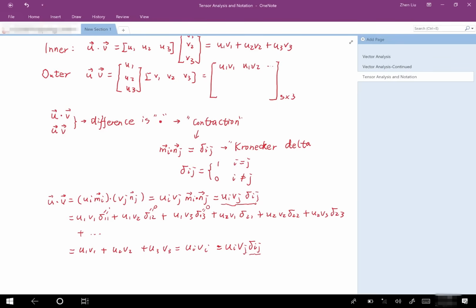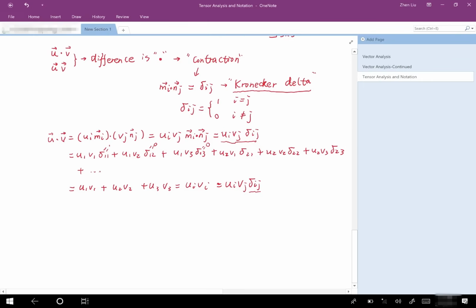And since we introduced the Kronecker delta, I want to introduce another operator. It's called Levi-Civita. So here I want to introduce another symbol, Levi-Civita.